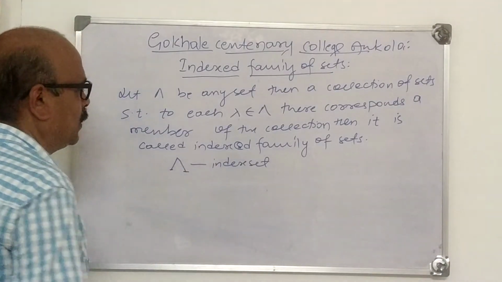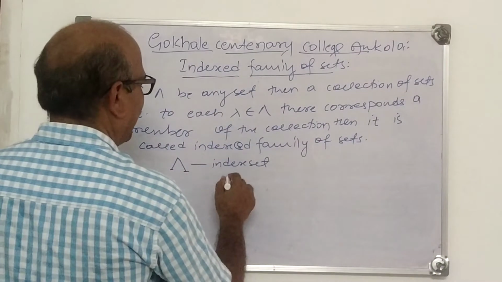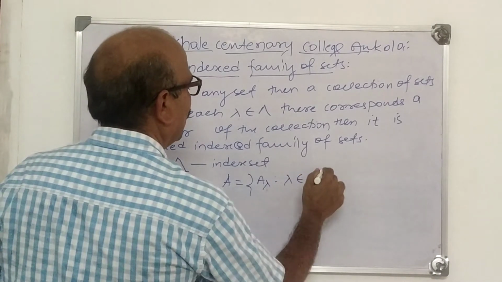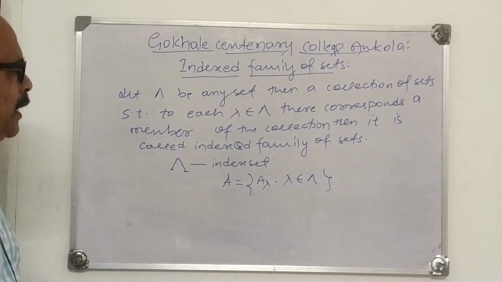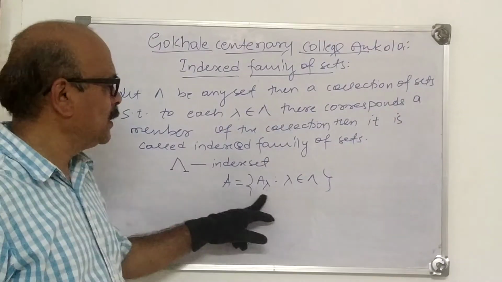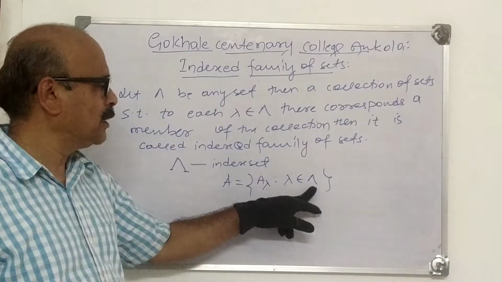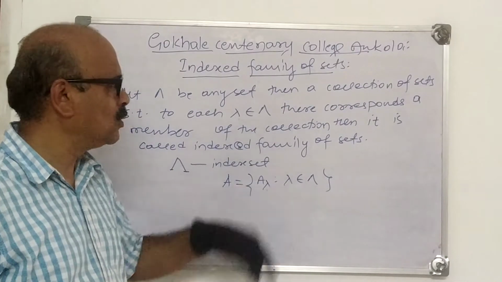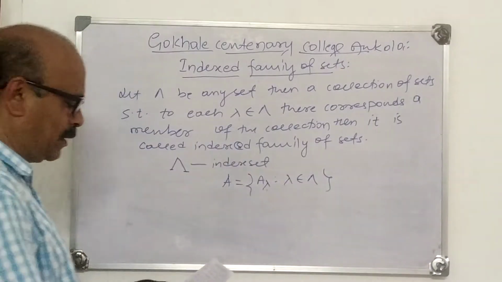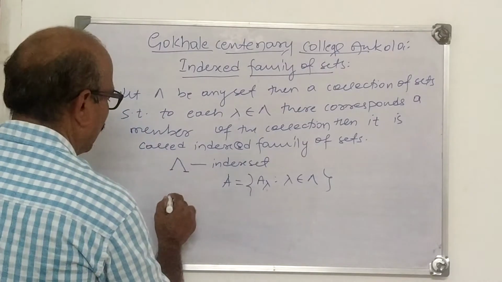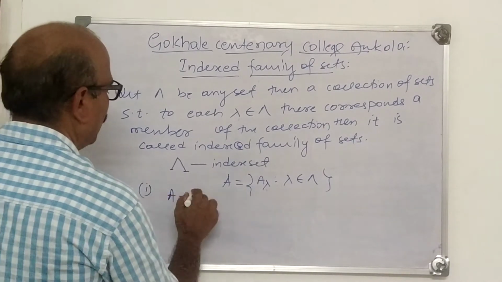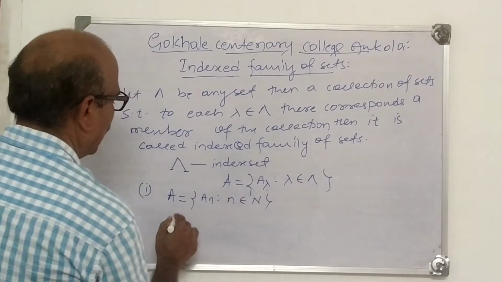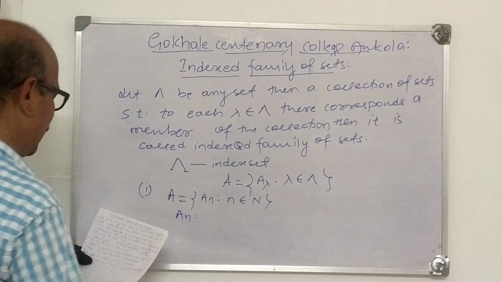It is the index set, and it is denoted by A is the set of all A lambda such that lambda belongs to capital lambda. This is the notation for an indexed family of sets. If I give an example, it will be clear. First example: let A be the set of all An such that n belongs to N, and An is defined like this.